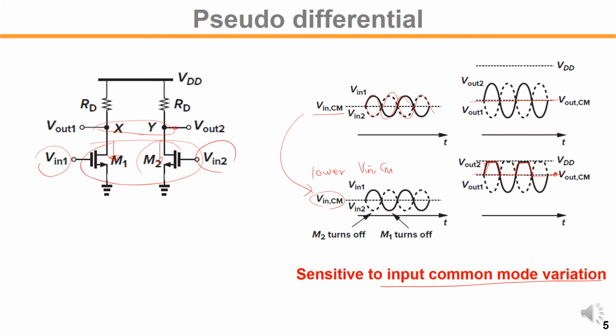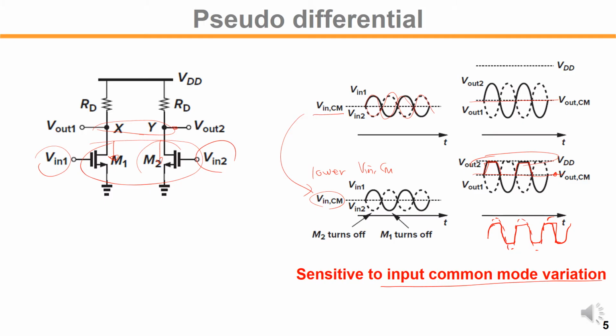Once the signal output is clipped or saturated like this, even though you take the difference, you do not see a good sinusoid like this. You just have a clipped output, right? This is not what you want. So this high sensitivity to the input common mode variation typically becomes problematic.